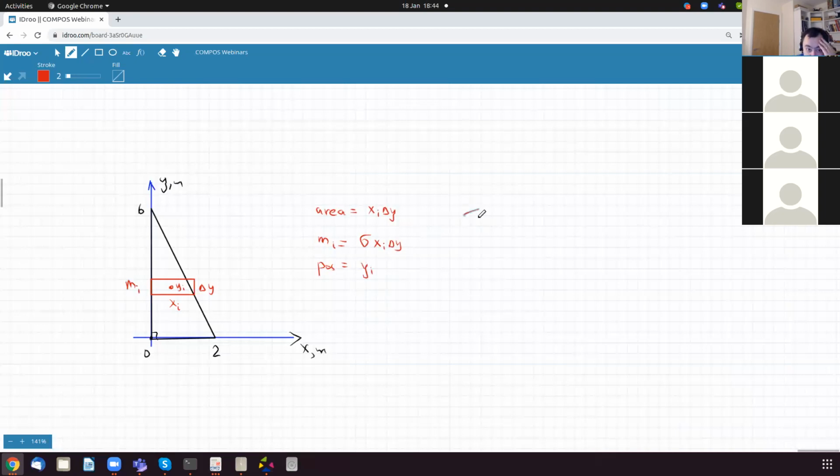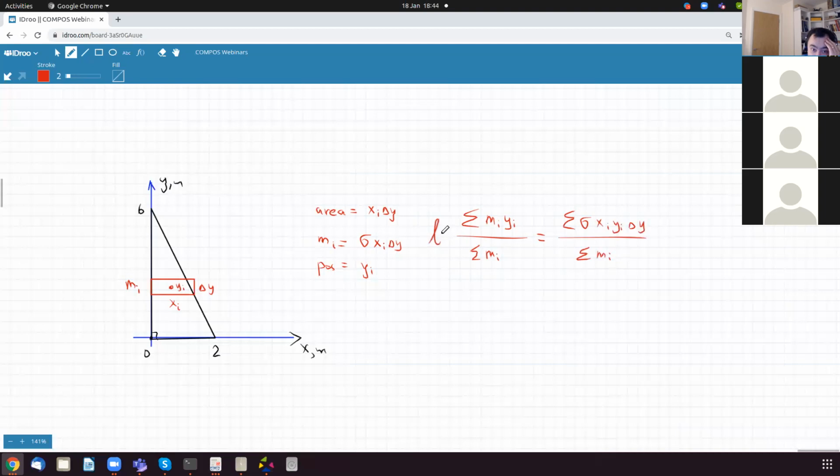So we need the sum of mi yi divided by the sum of mi. And of course, we're going to simplify this: the sum of sigma xi yi delta y divided by the sum of mi.